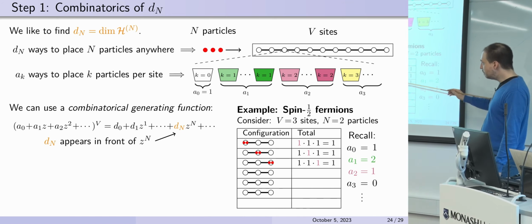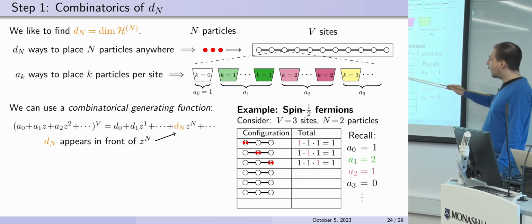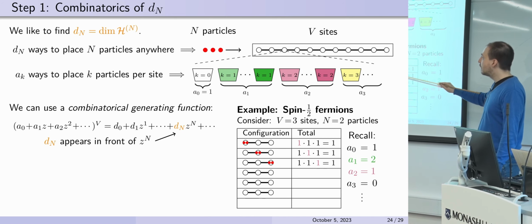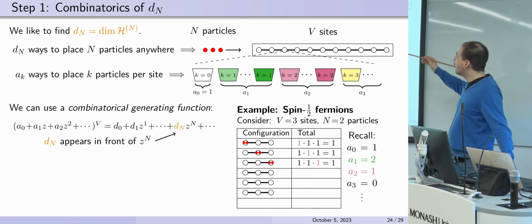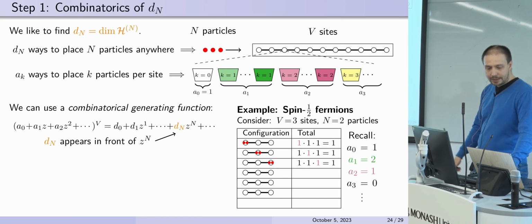Well, placing 2 particles, there's always just one bucket, so there we multiply with 1. And because the vacuum is unique, there's also just always one way to place no particle. So those are 3 configurations that are linearly independent directions in Hilbert space that span the space of 2 particles.